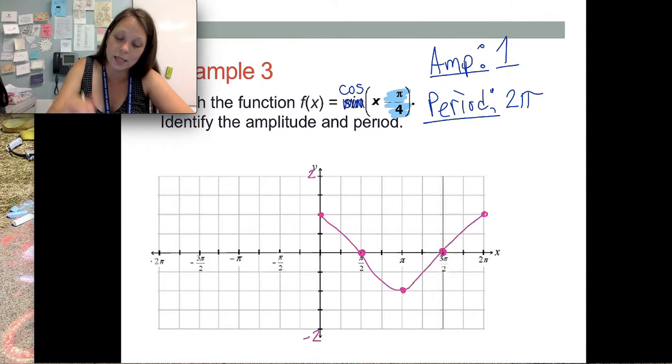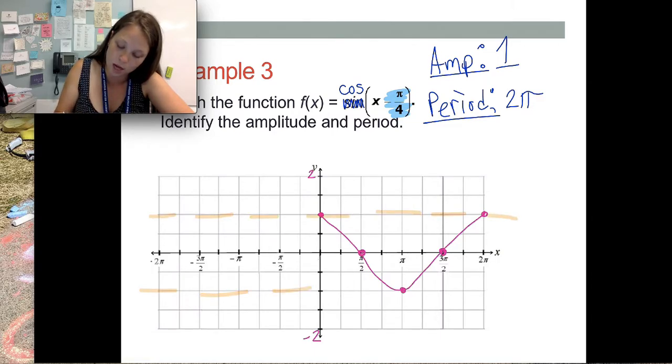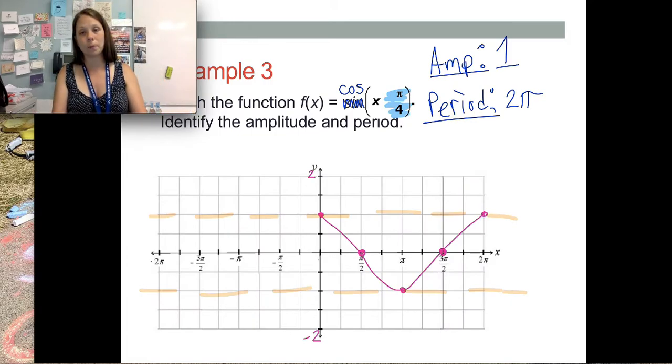So that's one cycle of the original cosine function, again being bounded by positive and -1, as that is what the amplitude is.